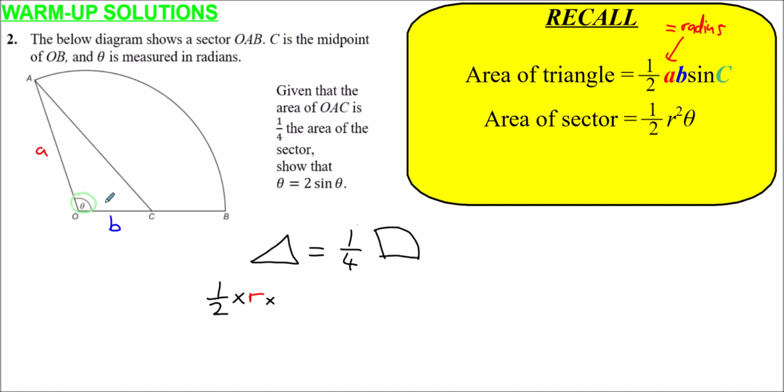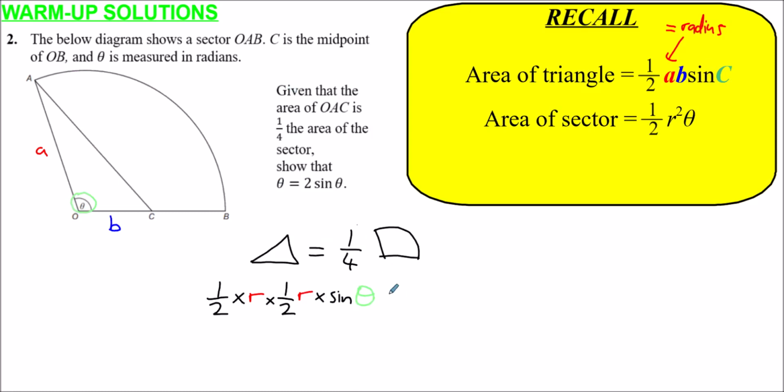And so if O to B is a radius, from O to C it's going to be half of a radius. And so B is going to be half a radius. So we're going to multiply it by half of a radius. And then sine C is obviously just going to be sine theta.